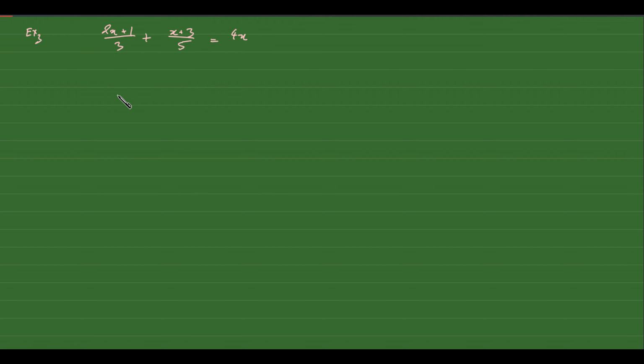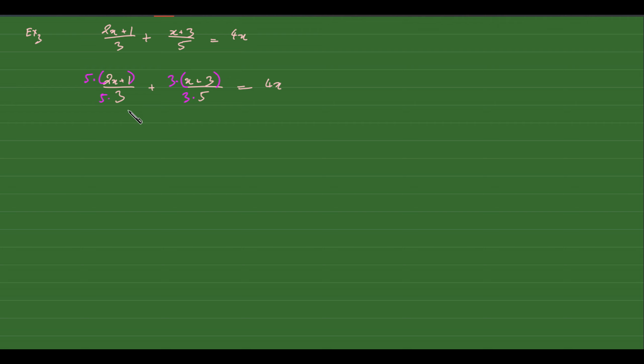So let me rewrite this: 2x plus 1 over 3 plus x plus 3 over 5 equals 4x. I'm going to multiply by 5. When you multiply the top by 5, make sure you put parentheses. And multiply over here by 3.